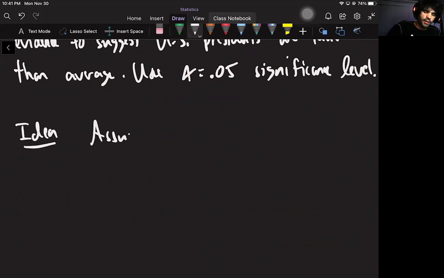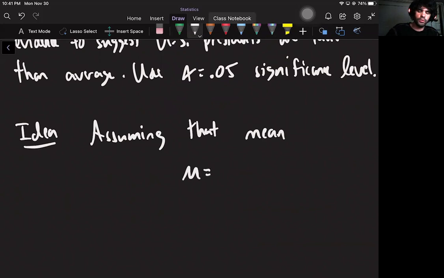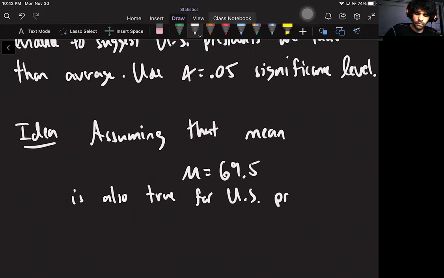Okay, so writing this more mathily, what I just said, what we're doing is we're assuming that the mean, which, because it's the mean, not a sample mean, I use mu, we're assuming that this mean is also true for US presidents.